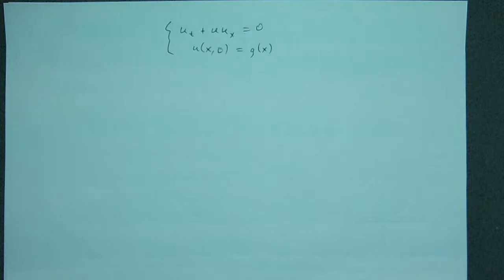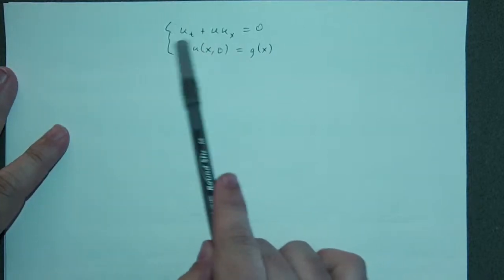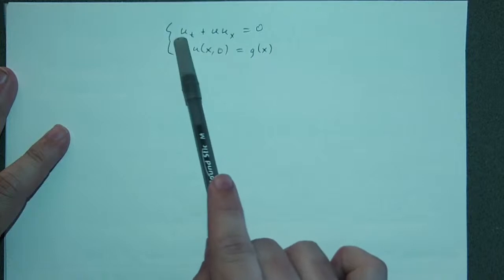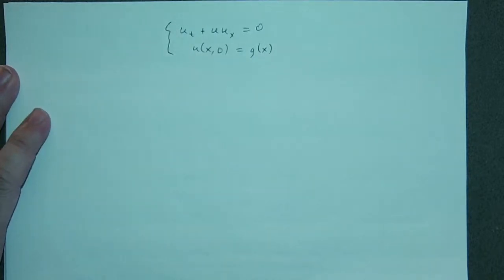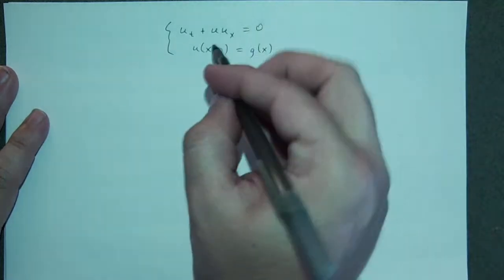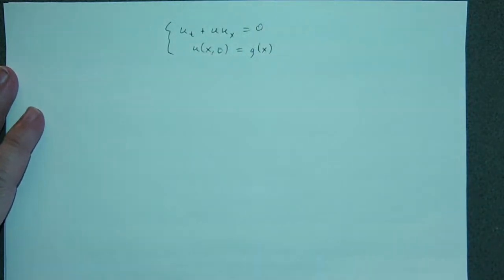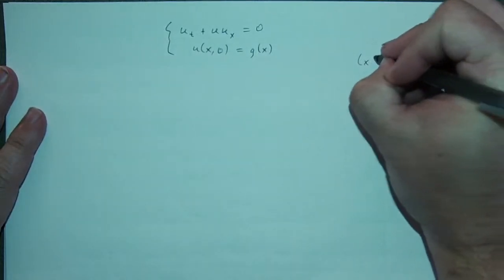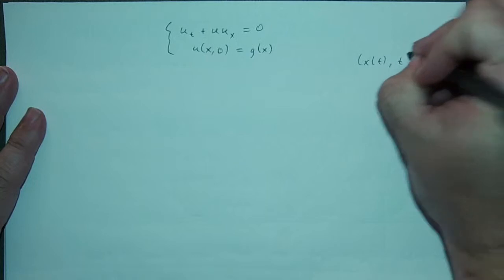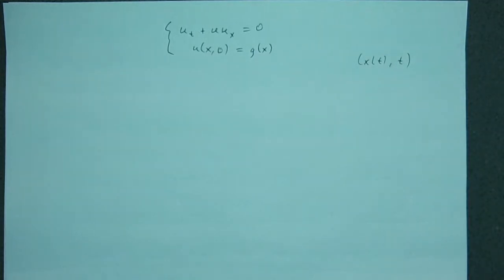Just like we did previously, because this is a time-dependent PDE and the coefficient function here is 1 for the t, I can think of t as the parameter of the characteristic. So the characteristics that I seek look like this. This is my usual trick.